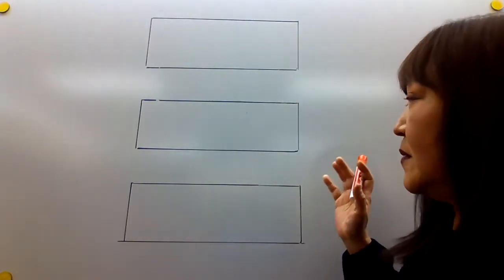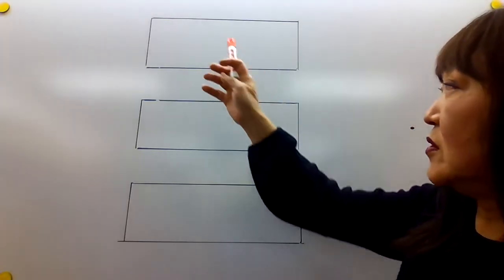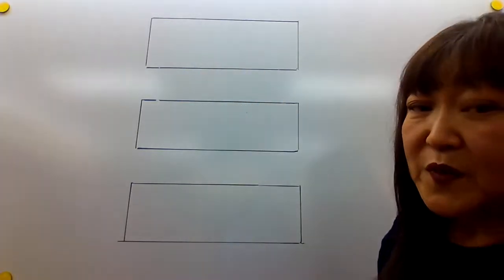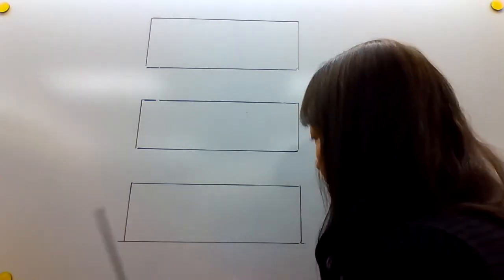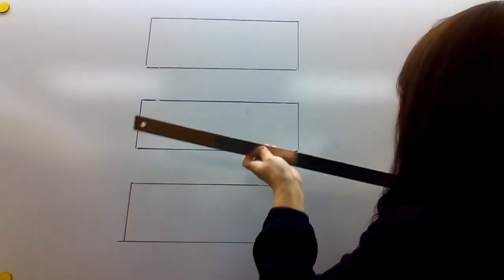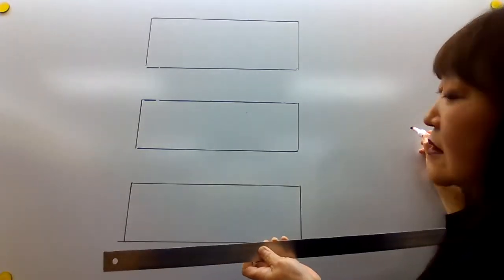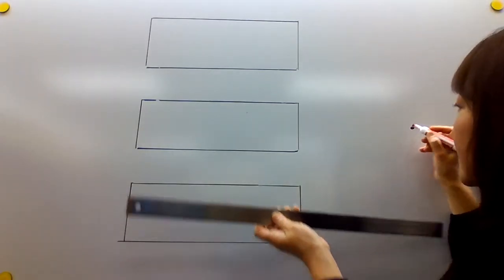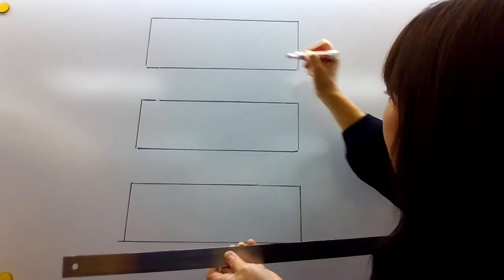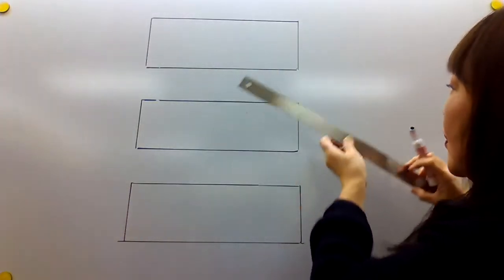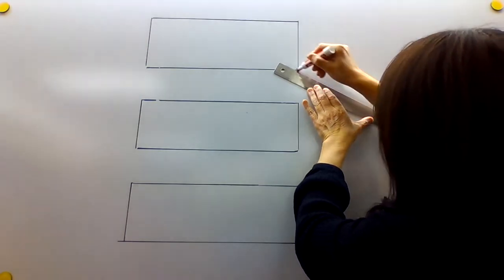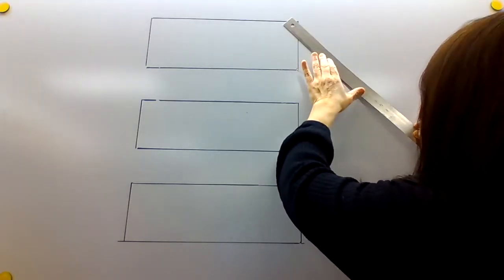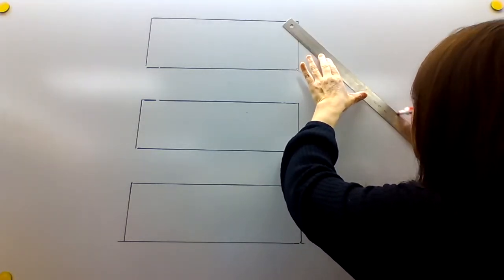So place the paper in the right direction, and we're going to start working on the top rectangle. Okay, are you ready? Okay. So the first thing you do is to connect the vanishing point to 1, 2, 3 corners of the rectangle. Just only worry about the top rectangle for now.